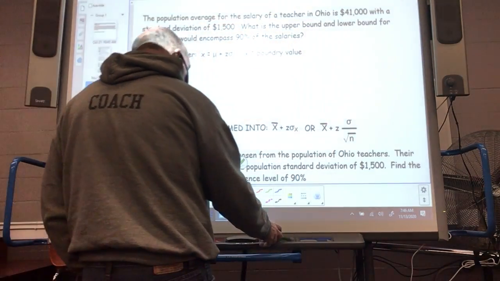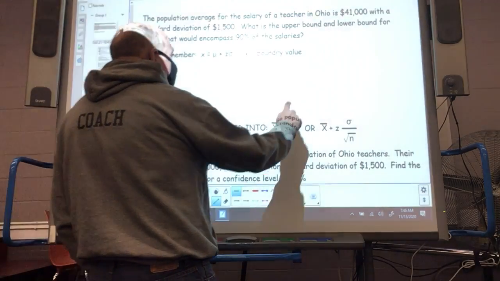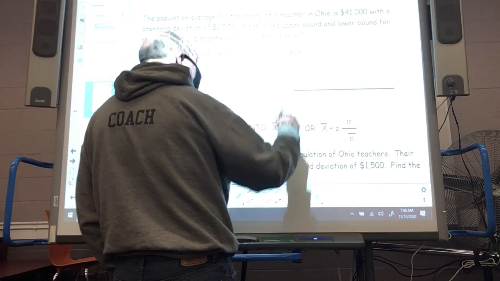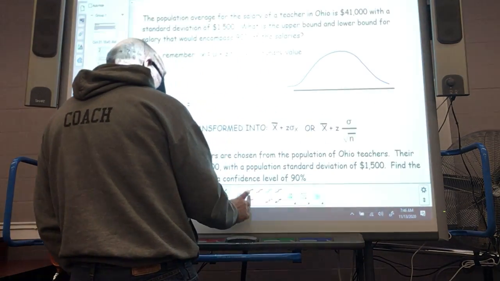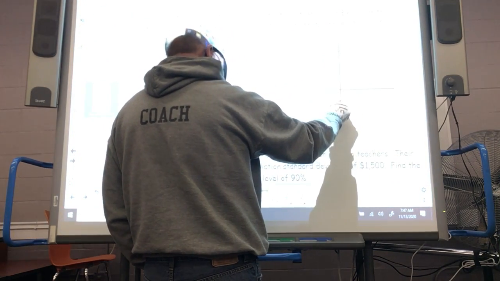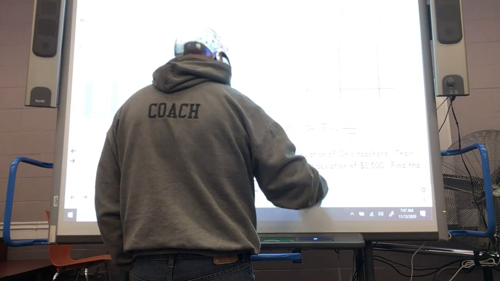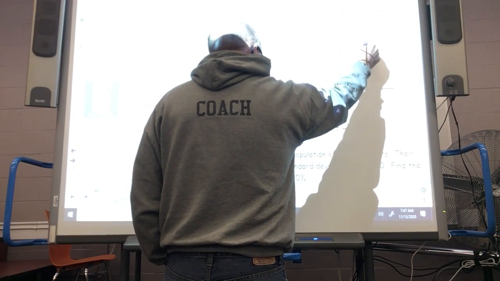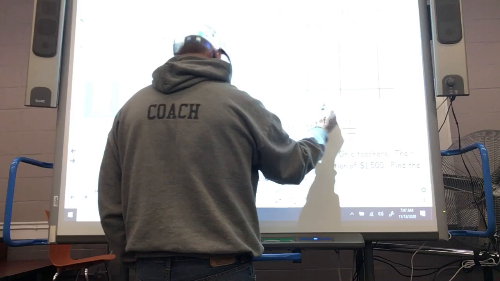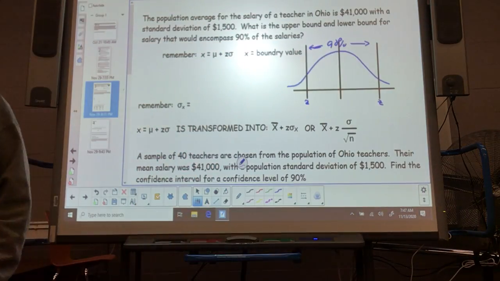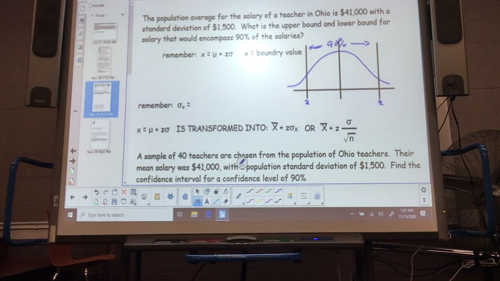Well, if you remember what we did with a bell-shaped curve, finding these boundary values, we want the middle 90% of the salaries in the state of Ohio. So we put 90% there, around our 0.